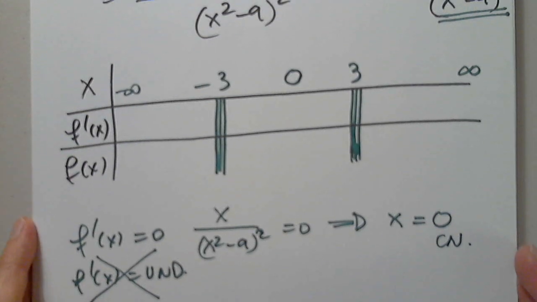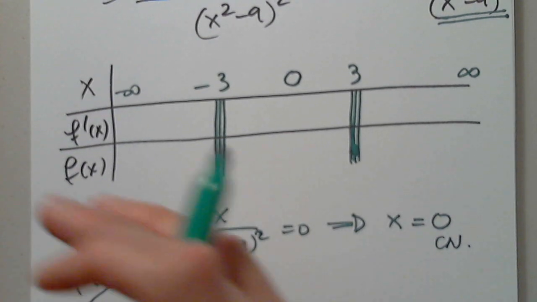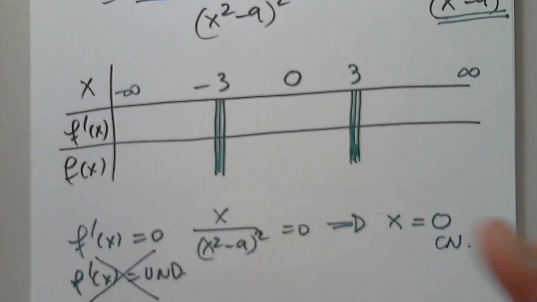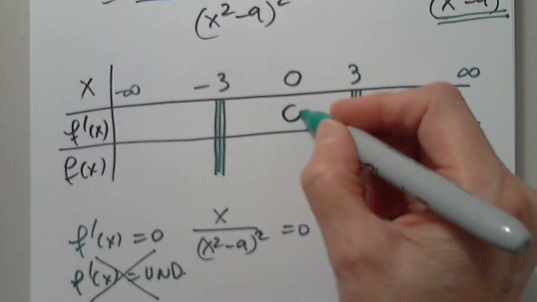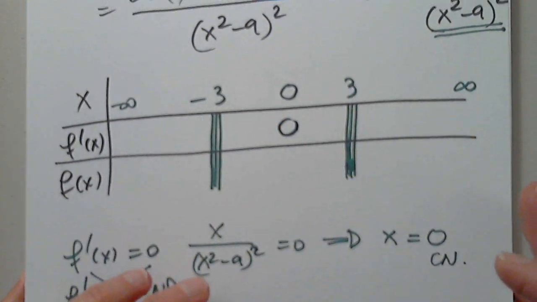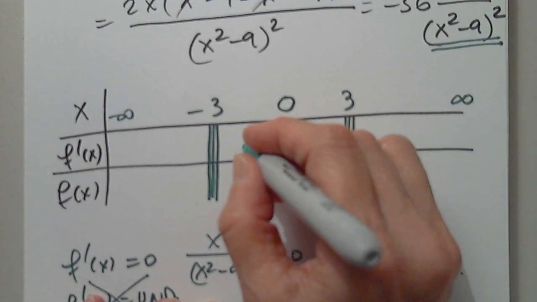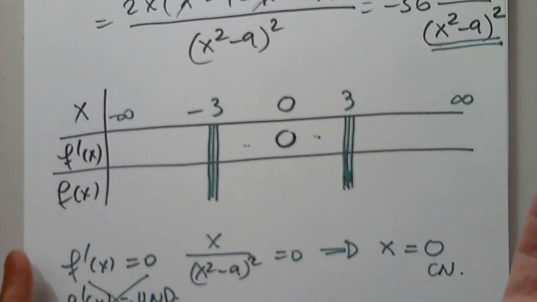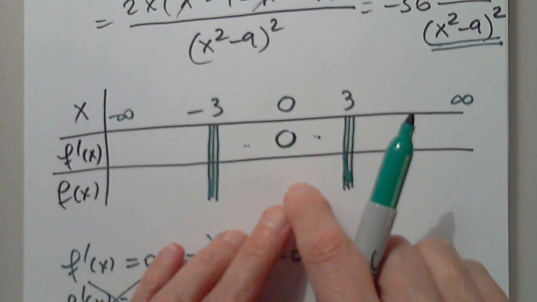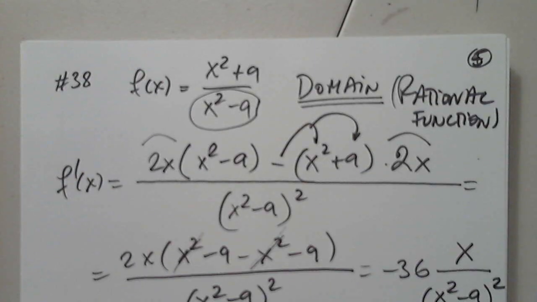Will it be a max or min? I have no clue. I haven't finished the work. So I know that the derivative is 0 at that point, but I need to find the sign change, if there is any. First, I also have to plug in 0 here.